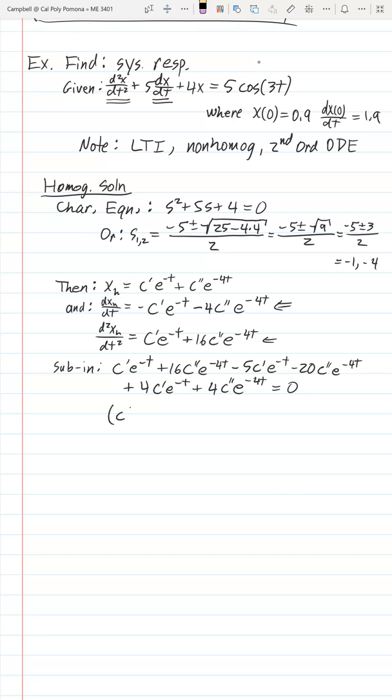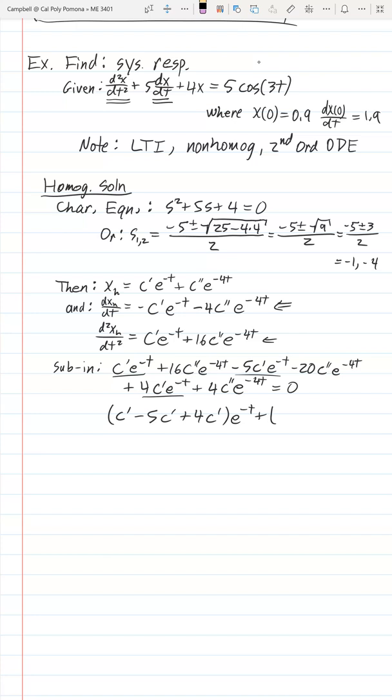And sure enough, we get a c prime. So that's that one. Here we have an e to the negative t, so we get negative 5c prime. And then last but not least, we have this one here, there we go, plus 4c prime, e to the negative t, which is our basis function. So of course, all those coefficients can be segregated off on their own. And then we can do the same thing here.